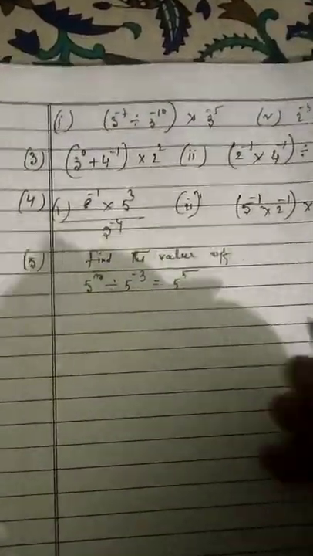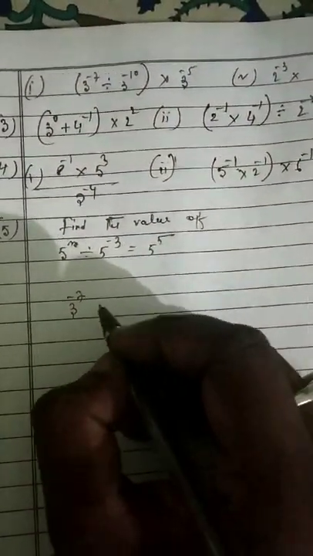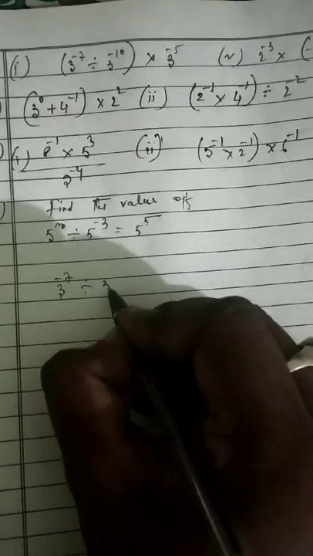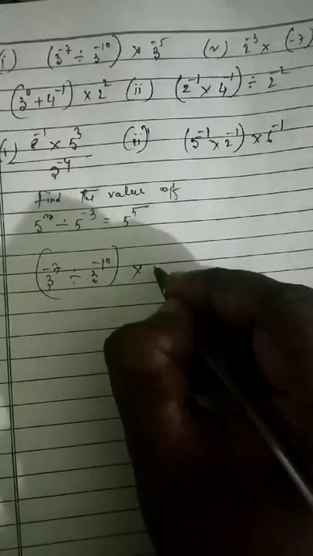Let us deal with the first question, that is 3 to the power minus 7 divided by 3 to the power minus 10, bracket, into 3 to the power minus 5.